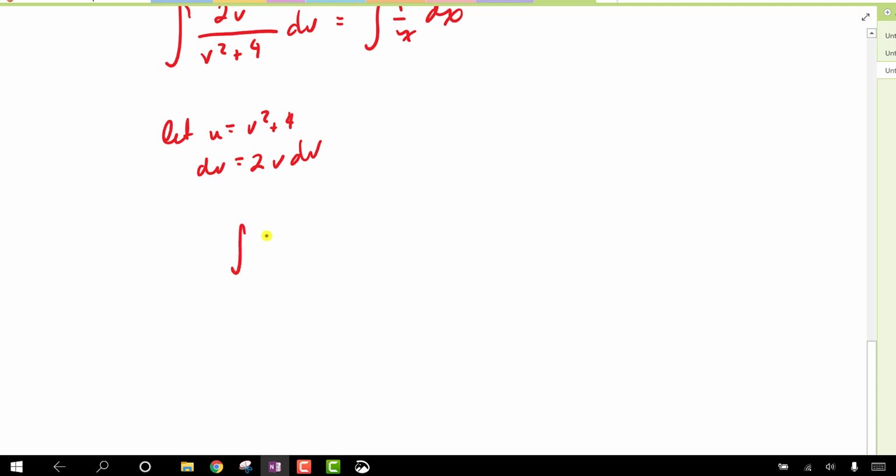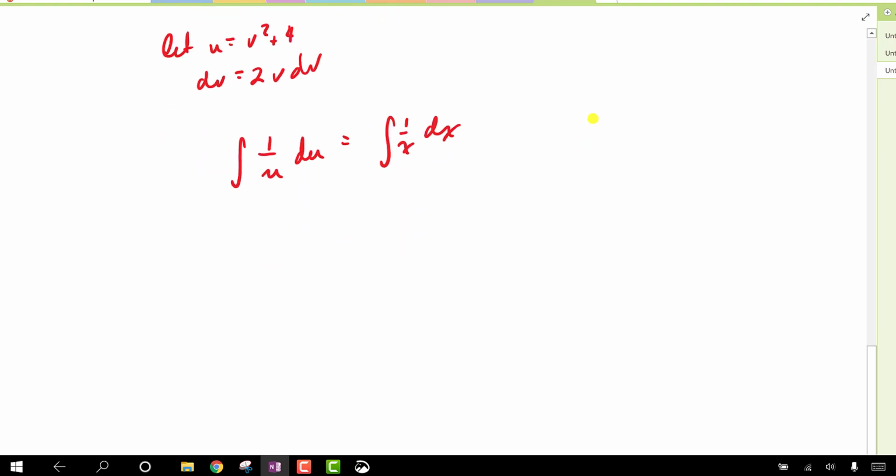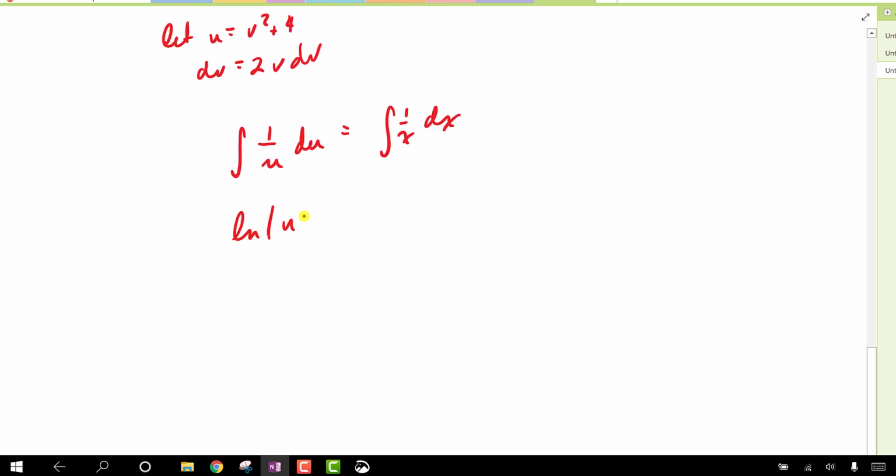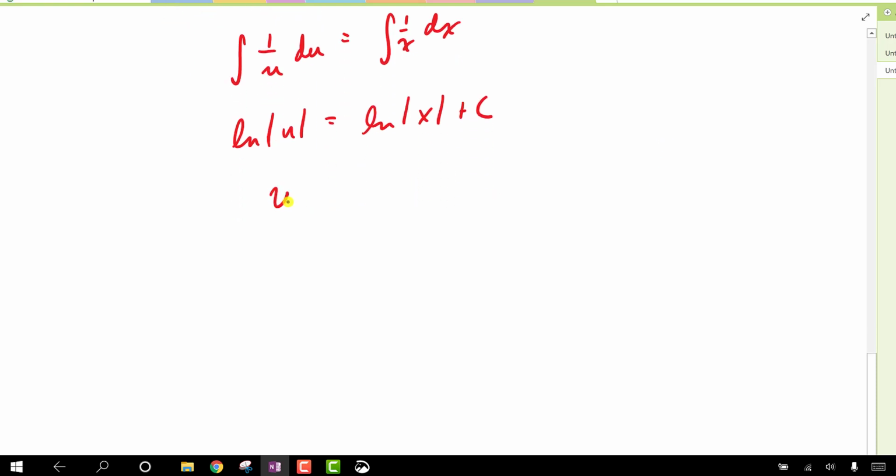So this gives us the integral of 1 over u du is equal to the integral of 1 over x dx. So the natural log of the absolute value of u is equal to the natural log of the absolute value of x plus c. Or, we've done this trick a few times, so I'm just going to do it: u is equal to c times x.